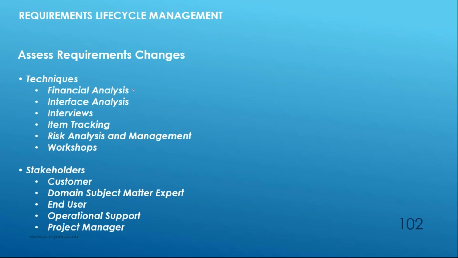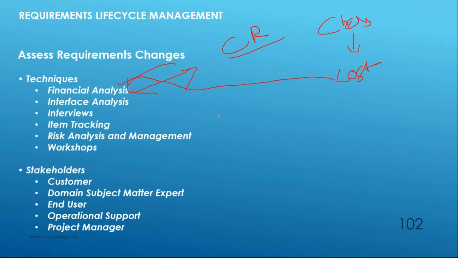You will also need to do financial analysis. When I say financial analysis, if you have a CR, in short, my change request, in order to implement a change request, how much is it going to cost? So when you talk about the costing aspect, the cost factor and all, you definitely need to have a financial analysis. Interface analysis is when you do a change in a particular business process.